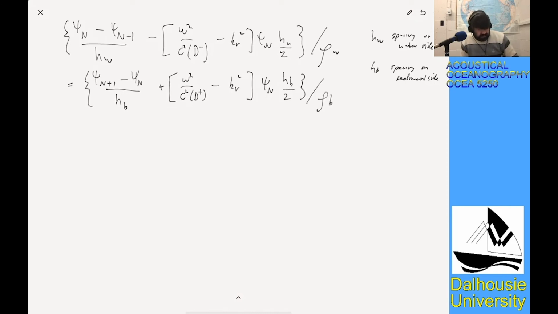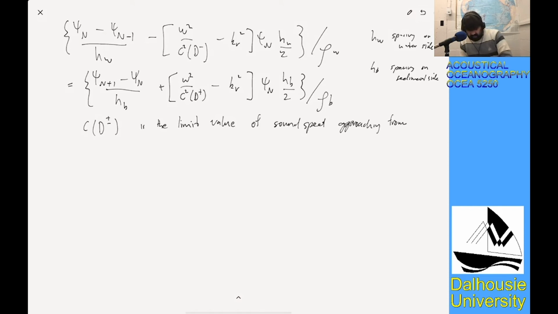And CD plus or minus is the limit value of sound speed approaching from the plus or minus direction.